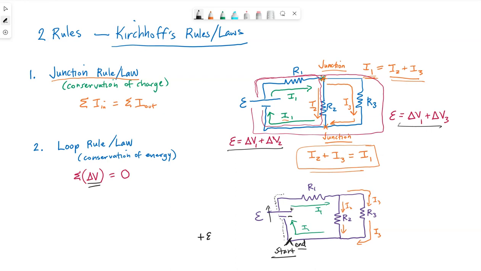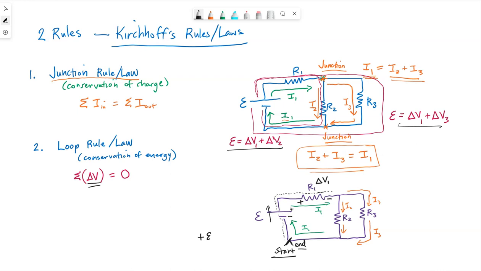As I continue, the next thing I come to is this resistor. This resistor will have a potential difference across it because it has current flowing through it. Now we're using the definition of current flow as if it were positive charges. The current direction is the same direction as the electric field. That means this particular resistor would be higher potential at the left end and lower potential at the right end.